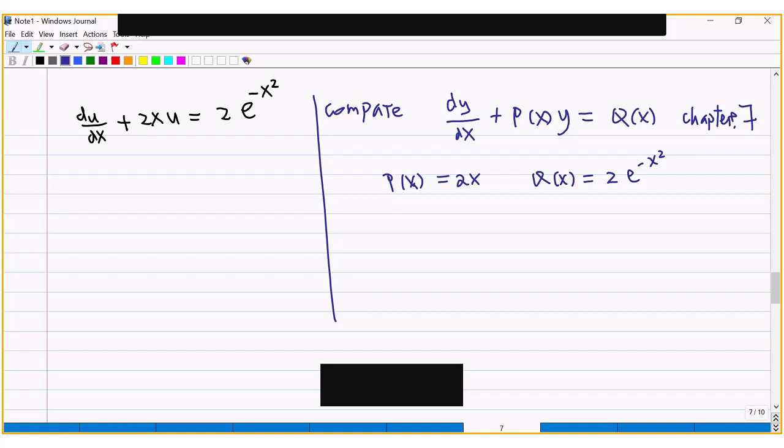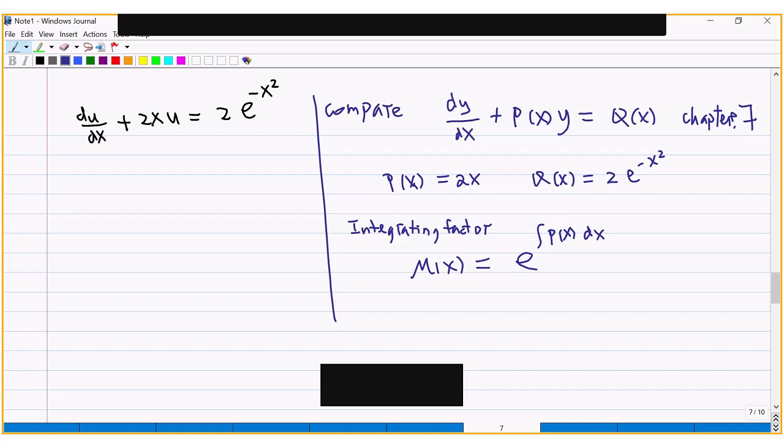So how do you continue with this type of equation? This is called a linear equation. So you find the integrating factor, which I think we learned in first year. Just remember the integrating factor is e power integral of p(x) dx.